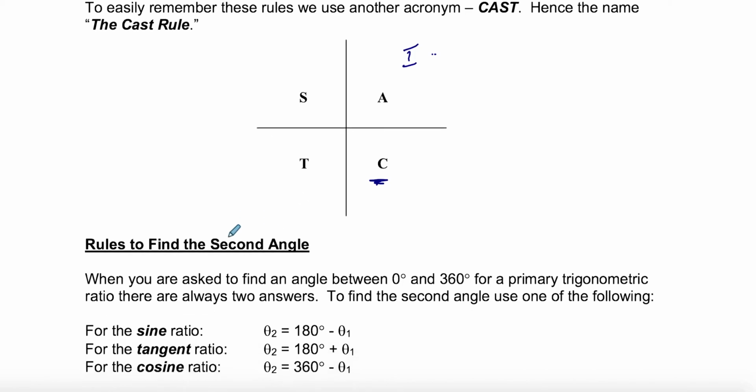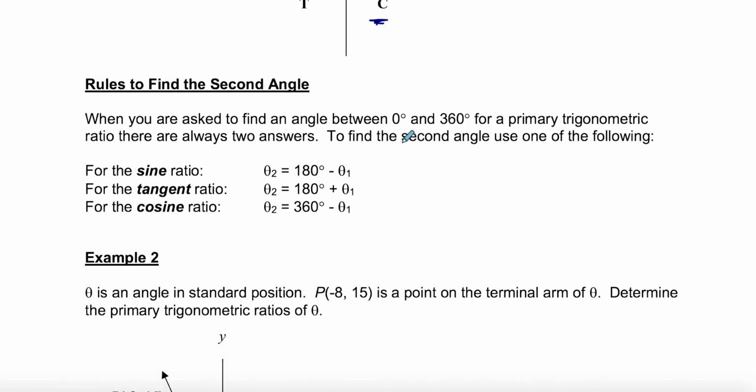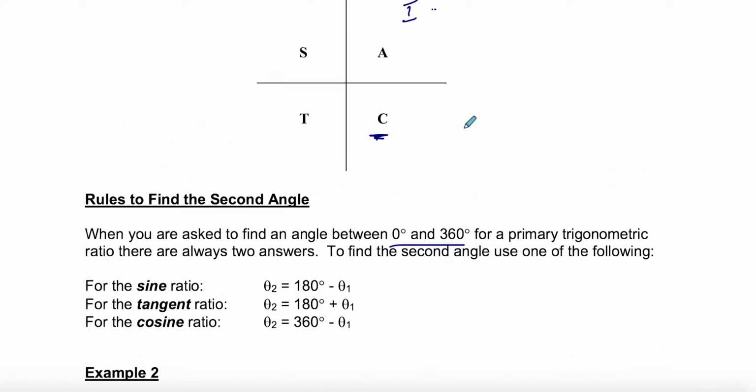So, rules to find the second angle that would have the same ratio. If we want the angles to be between 0 and 360, for the sine ratio we would take 180 minus theta. So if I had an angle in the first quadrant, I know sine is positive. If I do 180 minus that angle, the sine will also be positive in that quadrant.